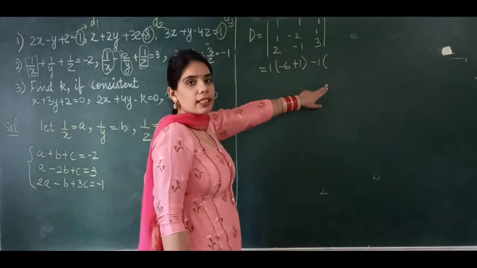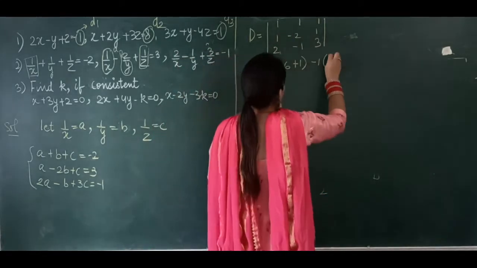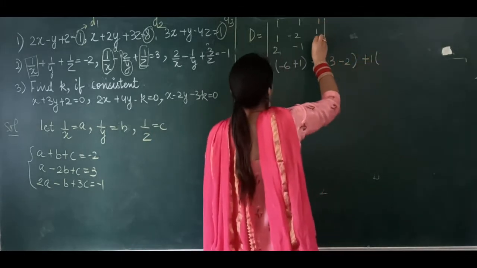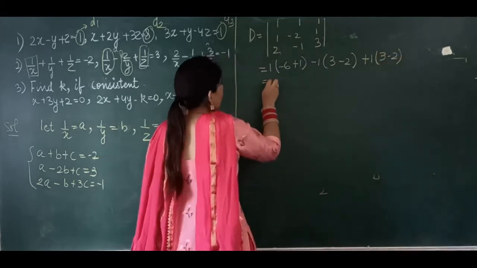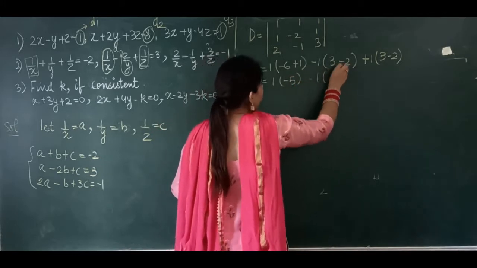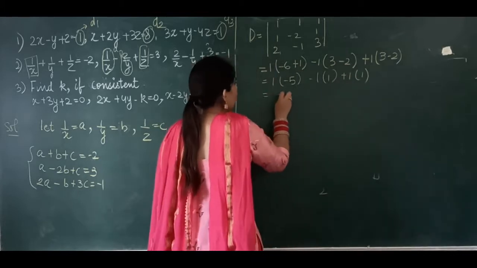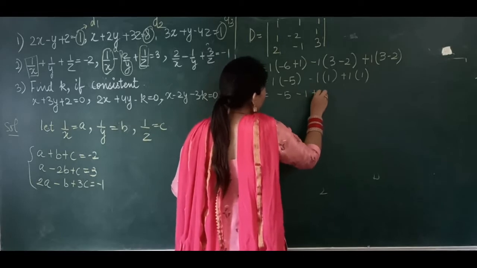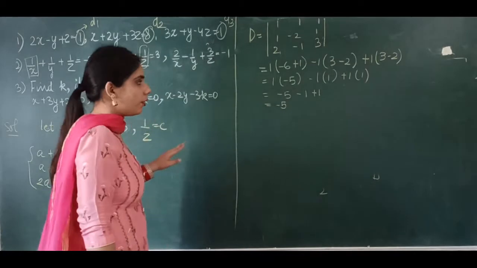Whenever I take the second element, I always take it with the negative sign. Minus 1, 3, minus 2. Plus 1, 3, minus 2. So it comes out to be 1 times minus 5, minus 1 times 1, plus 1 times 1. So this will be minus 5, minus 1 plus 1. So this comes out to be minus 5.